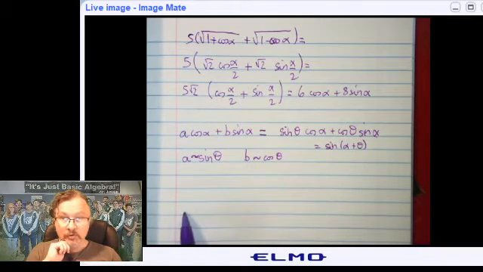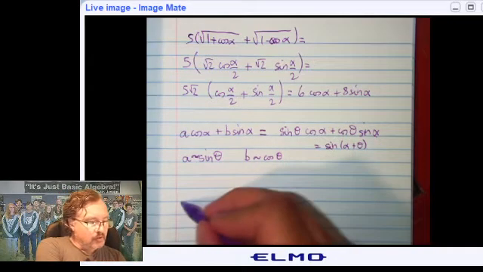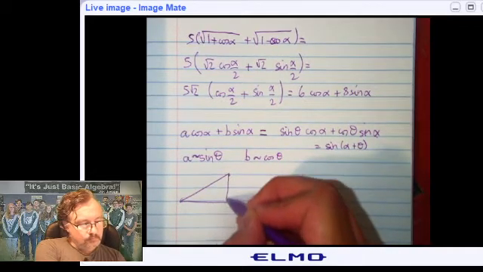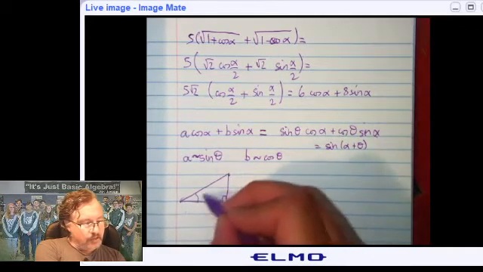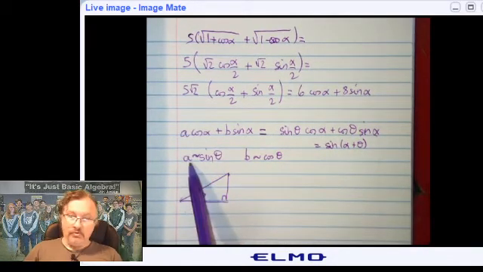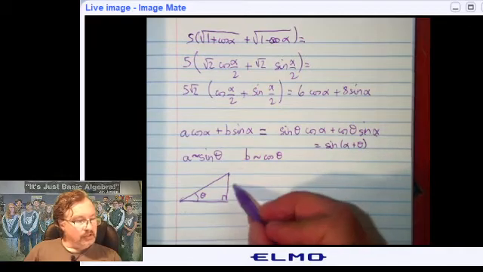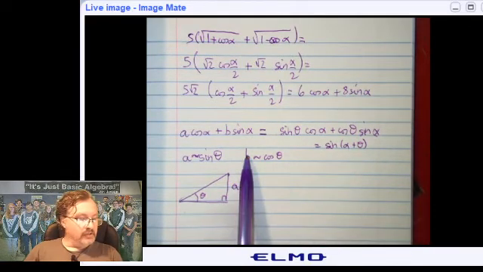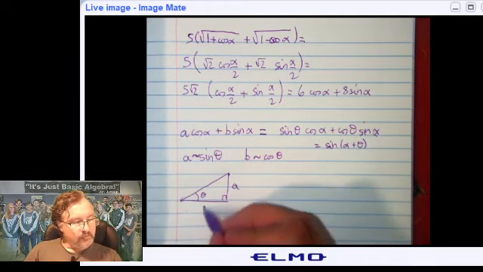It's actually quite simple. If we take a right triangle right here, and we say we have an angle theta, if sine theta is related to A, we can say it's going to be related to this side right here. And if this is related to cosine theta, we can say that this will be B right here.